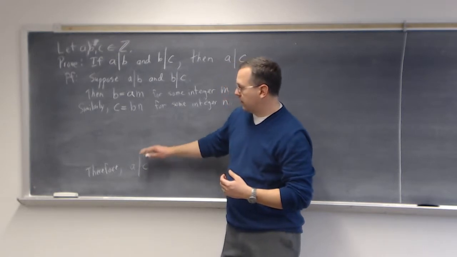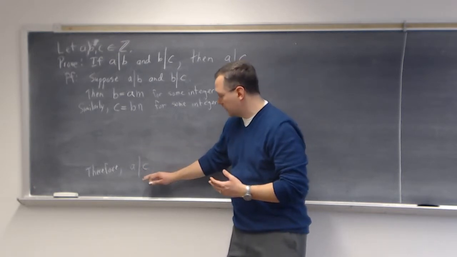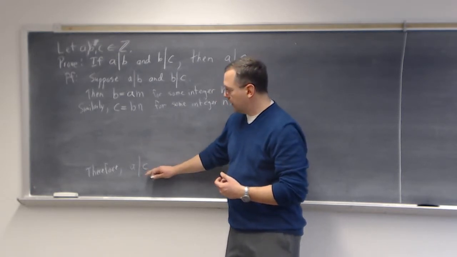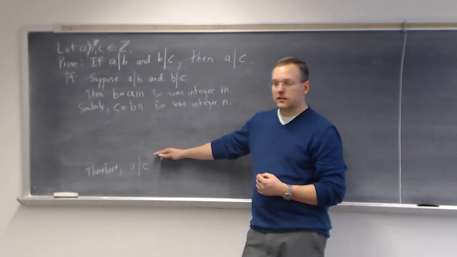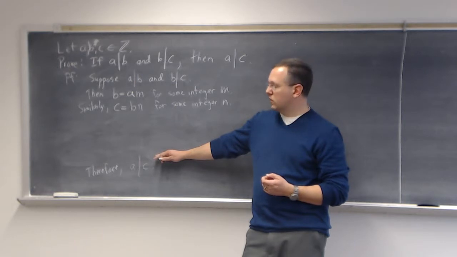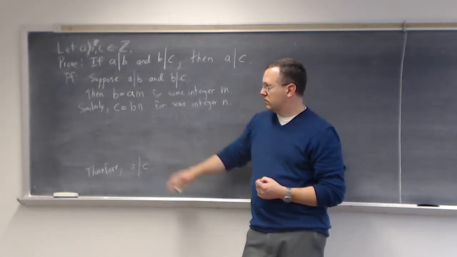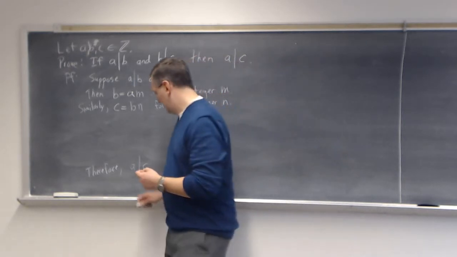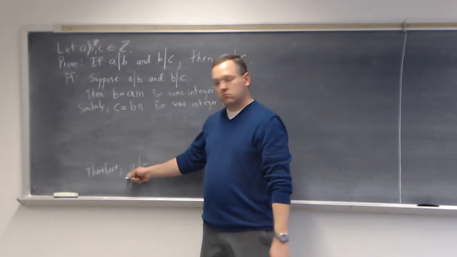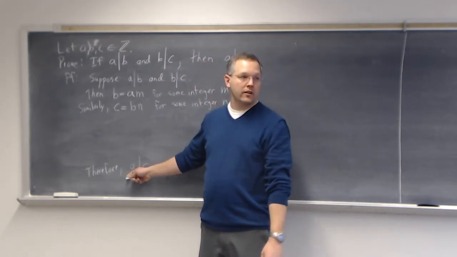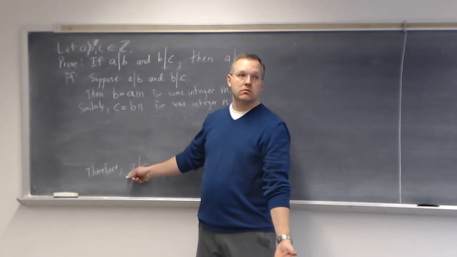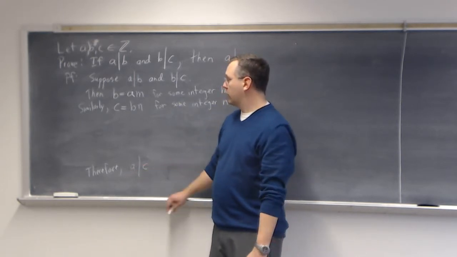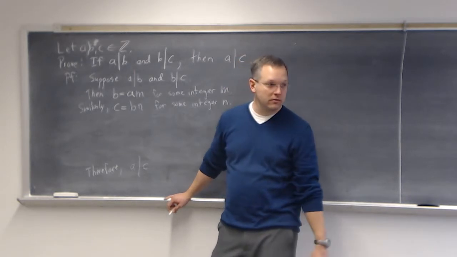If I went from the back forward, from the end back to the front, I need to unravel this definition. So give me a next to last sentence for this proof. Then C equals A times some integer. Yeah, so we need another letter, right? So C looks like A times some other integer. So what do I use? You say O?